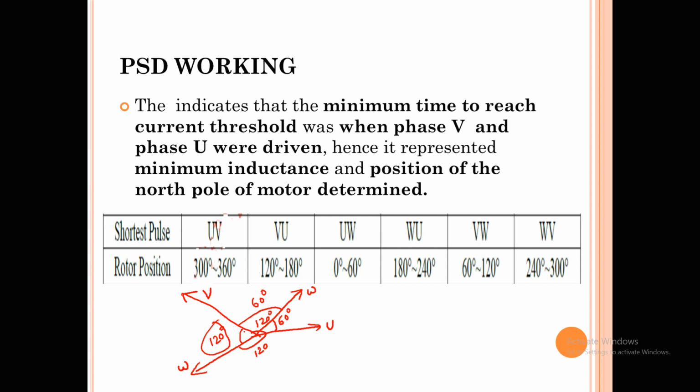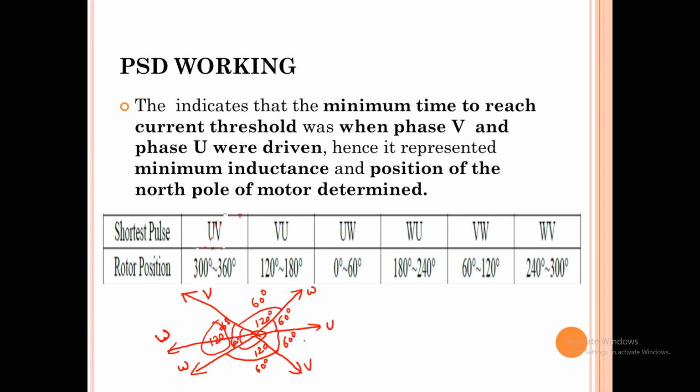The same way you take this one, U, and this is also 60 degrees, and this is also 60 degrees, and the same way V comes here, this is also 60 degrees, and this is also 60 degrees, right?